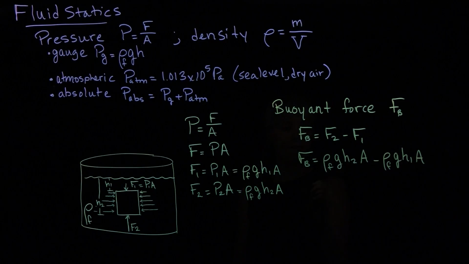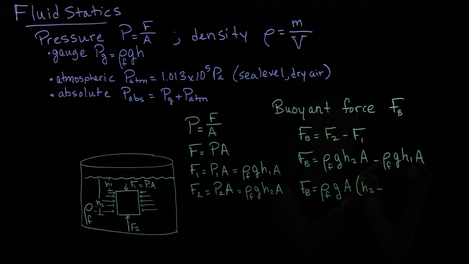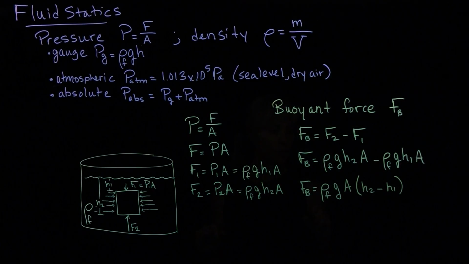And I'm going to go ahead and factor these common terms out so that the buoyant force is equal to the density of the fluid times the acceleration due to Earth's gravity times the area. And what do we have left when we factor out these common terms? Well, we have H2 from the first term minus H1, which is left over from the second term.